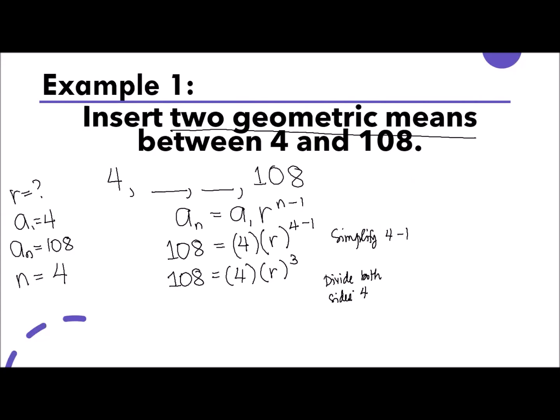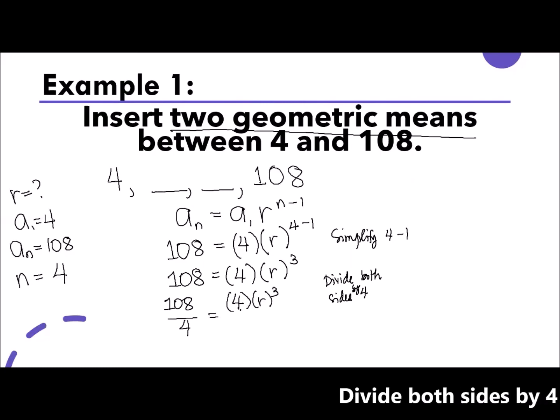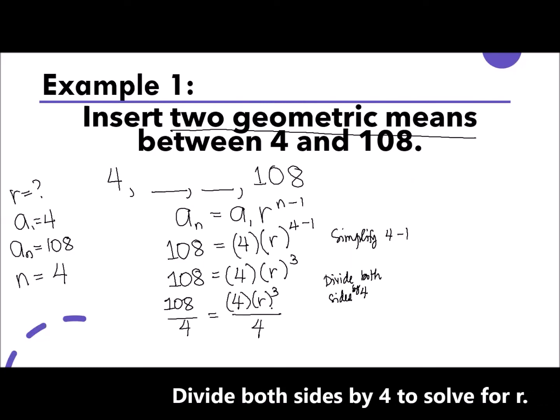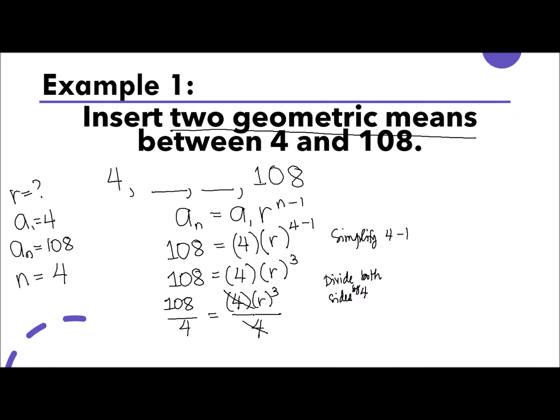Okay, divide both sides by 4. So, 108 over 4 is equal to 4 times r raised to 3 over 4. Bakit? Para matira lang si r. Kasi yun yung goal natin. So, canceling this, what is 108 divided by 4? So, the answer there is 27 is equal to r raised to 3.